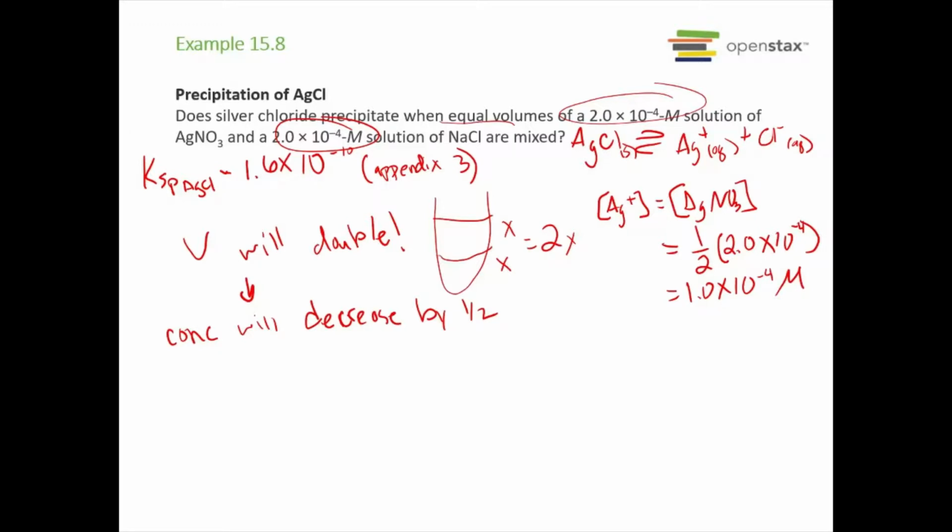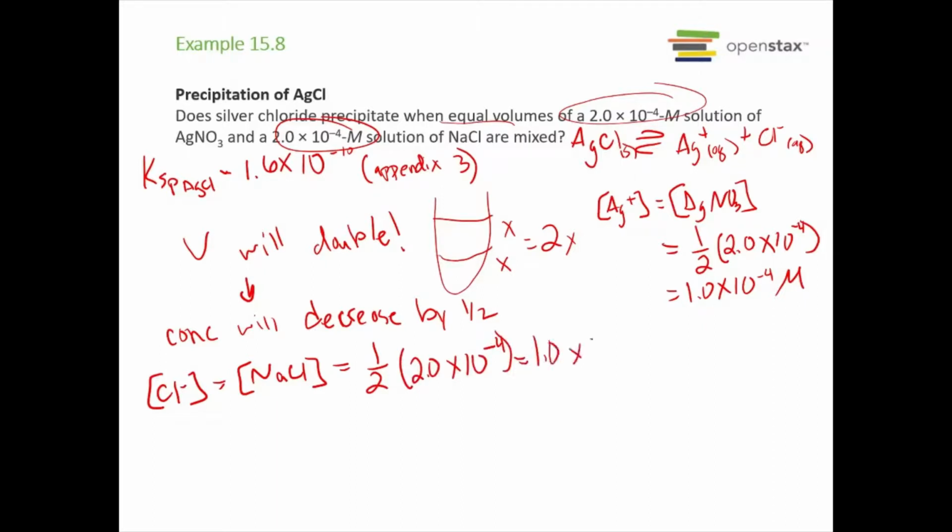And the same can be said for the chloride ion, which is the same as the concentration of sodium chloride. And then this is going to be 1/2, same thing, 2 times 10 to the negative fourth, which is 1 times 10 to the negative fourth.